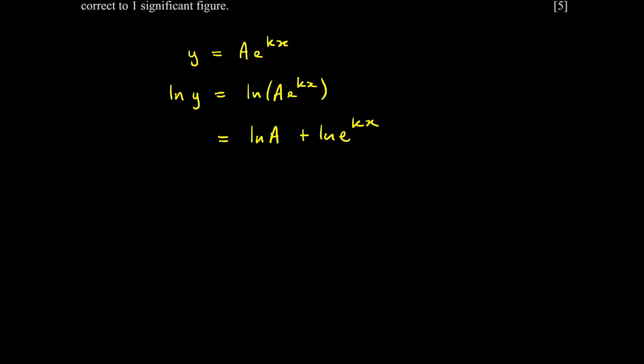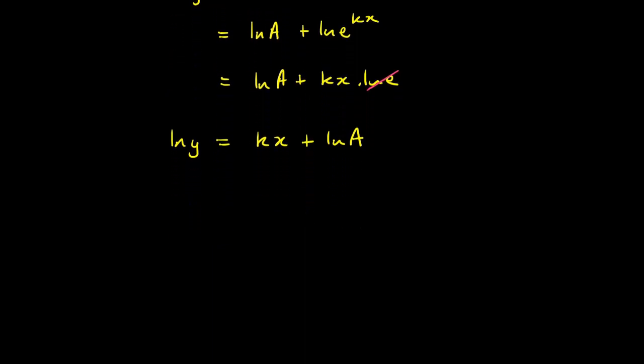So I'll do it the long way just to make sure that you're happy with it. This is ln a plus kx times ln e, but ln e is just equal to 1, so that disappears. So what have we got? If I rearrange this, we have ln y is equal to kx plus ln a.